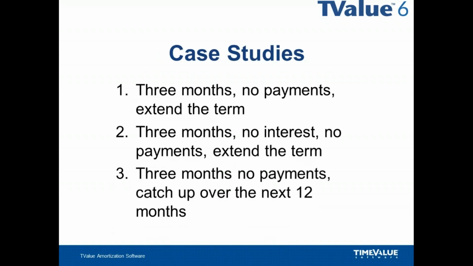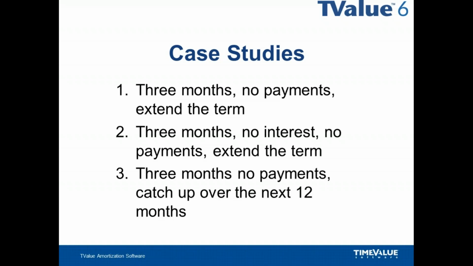So what we'll do is give you 3 different case studies, different ways to get there. First will be 3 months, no payments, extend the term. Pretty straightforward. Most forbearance that we're seeing are 3 to 6 months, so we'll just give you an example of 3 months.